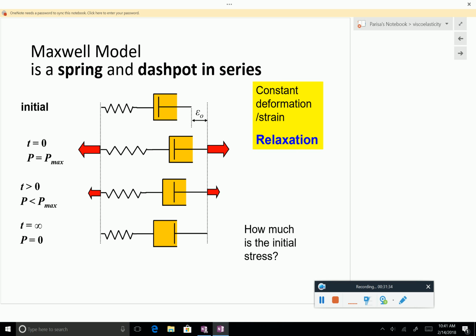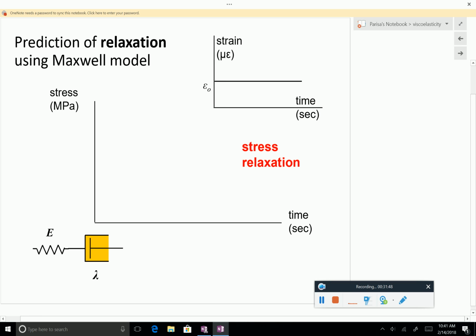And you measure how the stress will change. It turns out that the stress actually decreases if you hold the strain constant. So here is the Maxwell model. Now we are looking at relaxation behavior.